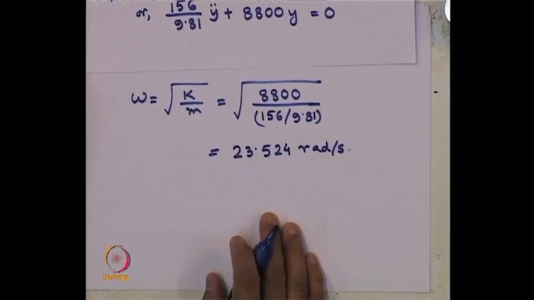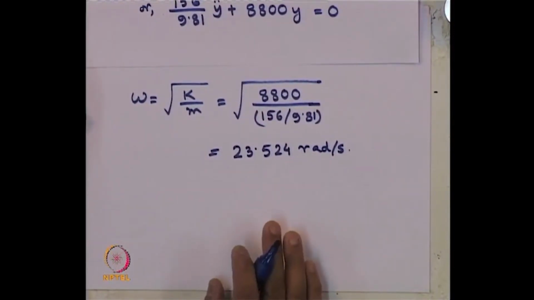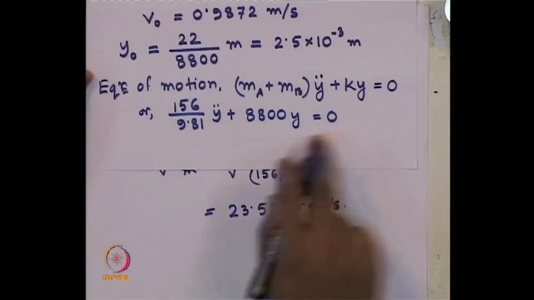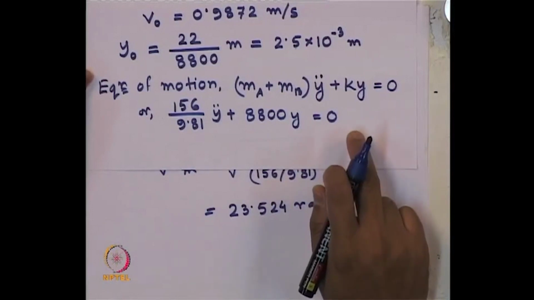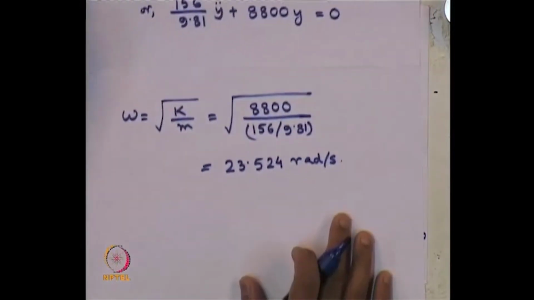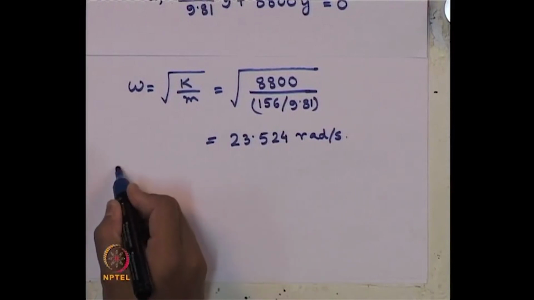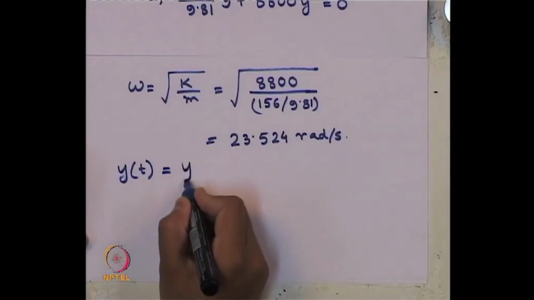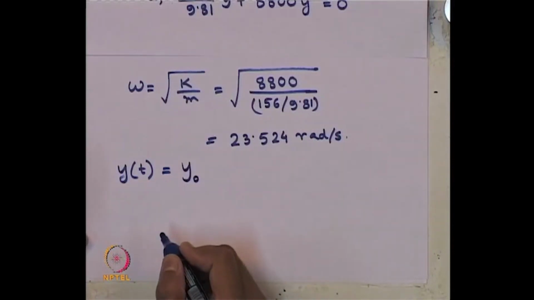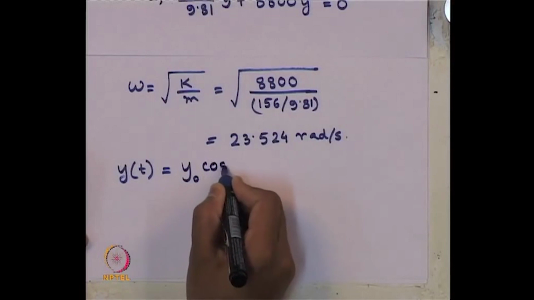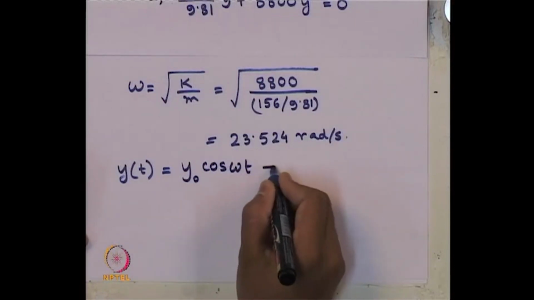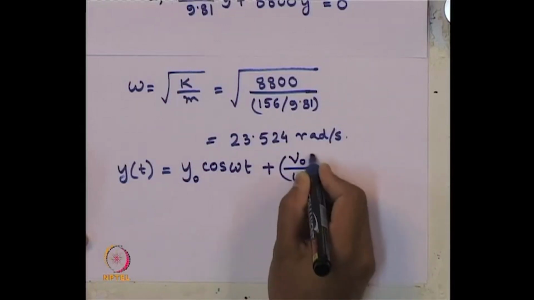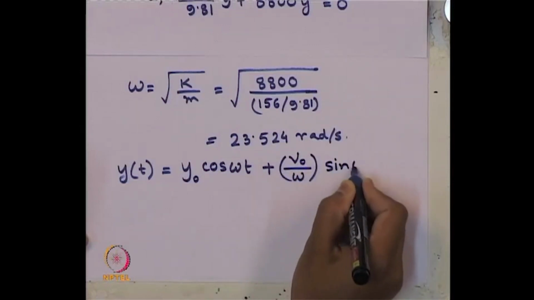And for such undamped free vibration, this is nothing but an equation of motion for undamped free vibration. There is no damper, there is no externally applied dynamic load. So, for such system, what is the solution? We know y of t equals to the initial displacement y naught cosine omega t plus initial velocity by omega sine of omega t.